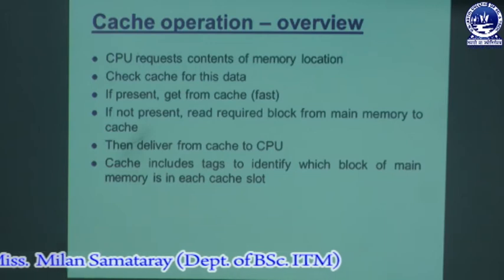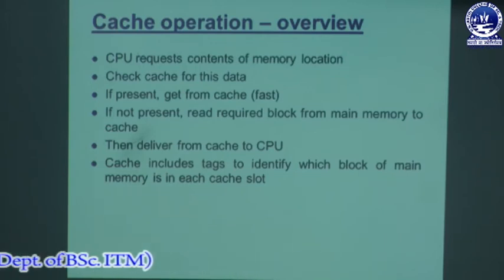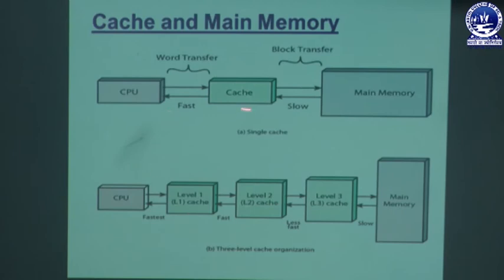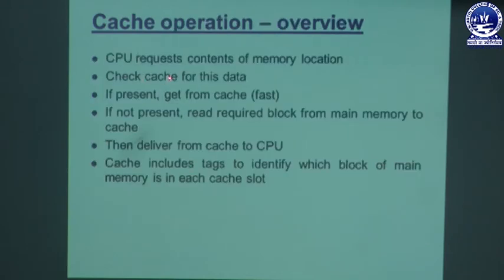So first it will go to the cache. Here you can see cache memory is in between the CPU and main memory. So when the processor wants to read or write something into the main memory, it will first communicate with this cache. It checks the cache memory first, then it will go to the main memory.